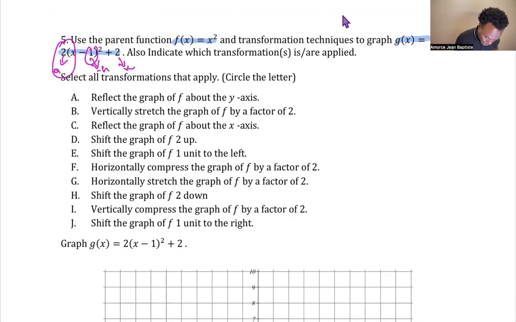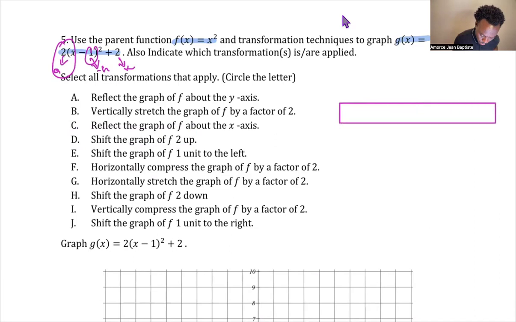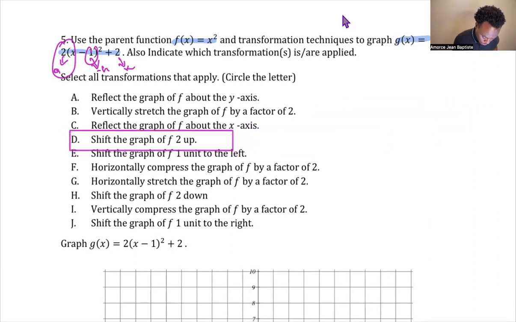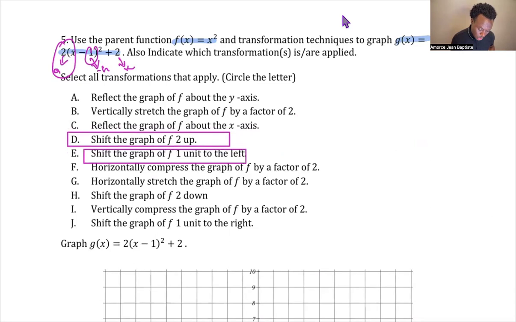So let me find those three transformations in the list and select them. We shifted up 2. And then we shifted right 1.